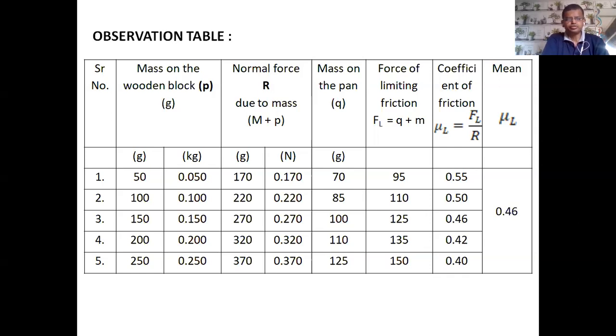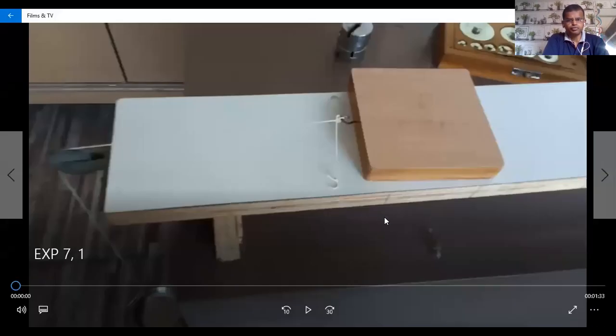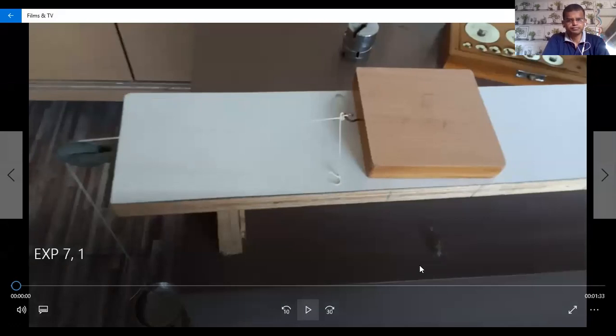In the first video we show some introduction, like our setup, the wooden surface. So now I play the first video here, and you see our setup, the wooden surface and the block.